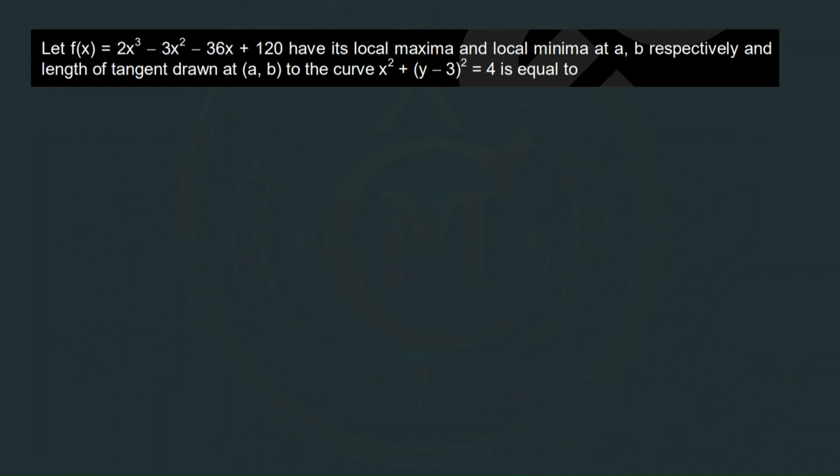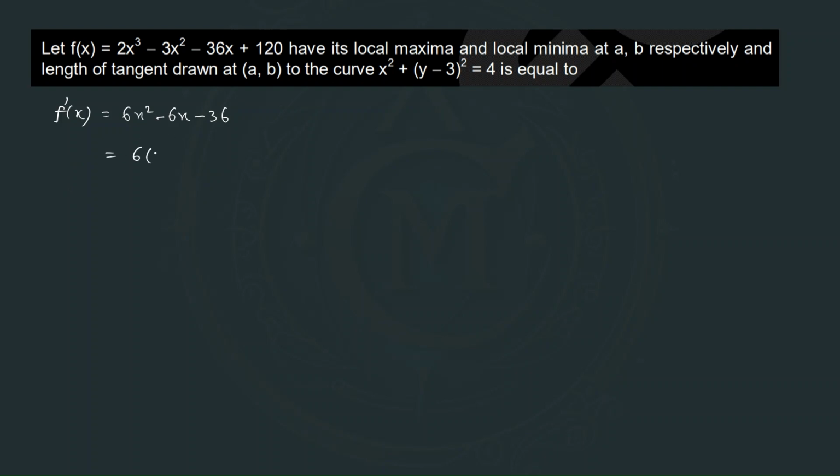Let f(x) be this function and it has its local maxima and local minima at a and b respectively. So a and b are nothing but the x values, and the length of tangent drawn at (a, b) to the curve, this is equal to what? Okay, so first we have to find the points of local minima and local maxima of this function. From here we get f dash x is nothing but 6x square minus 6x minus 36.